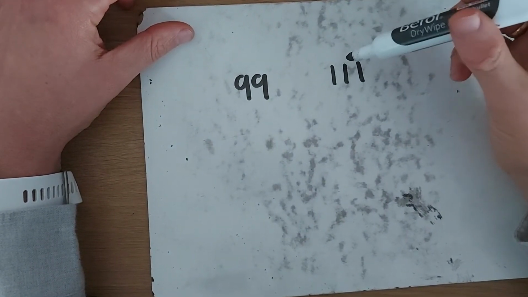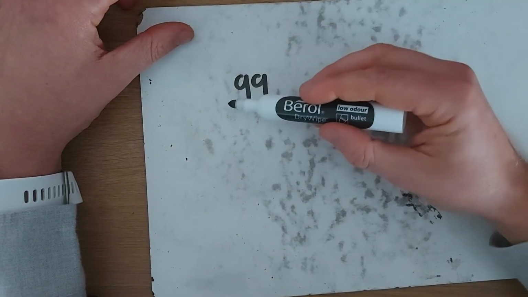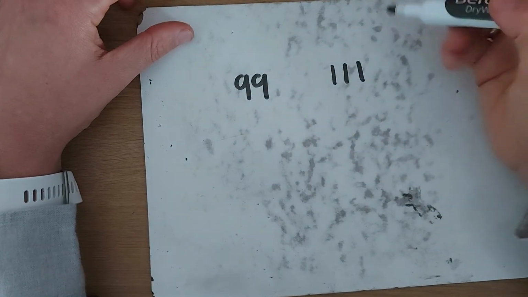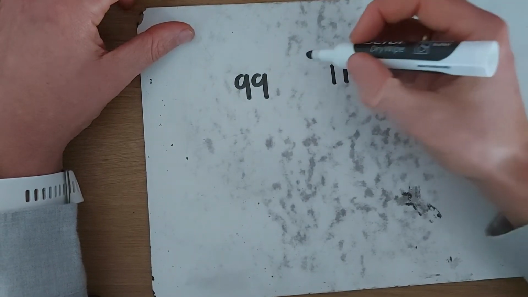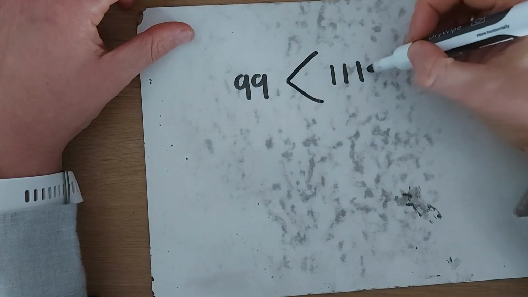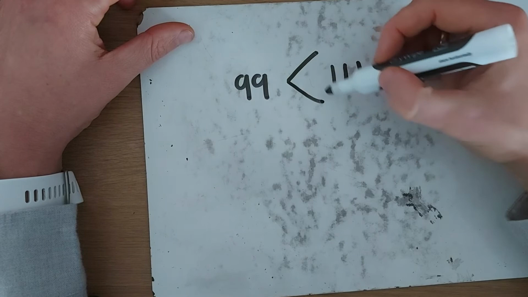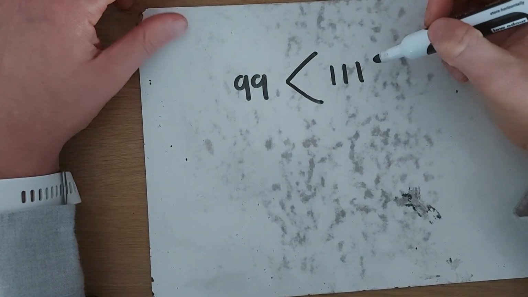We should realise this number is bigger because there is a number in the hundreds column, and this doesn't have a number in the hundreds column. So when I introduce my greater than or less than symbol, I draw it like this with the mouth facing this way because this is the bigger number. So this is the way my crocodile wants to face if it wants to eat its dinner.